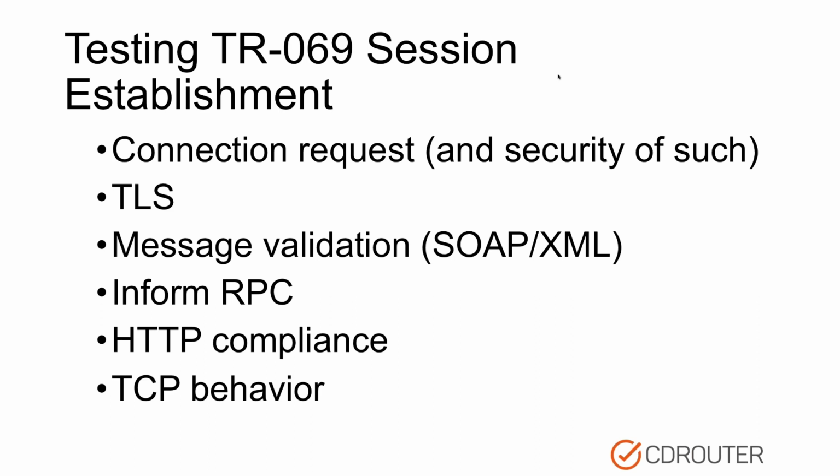So you want to test the functionality of connection requests. We tend to turn off other types of messages like periodic informs during our testing to make sure that it doesn't interfere, and we use the connection request in order to control that the CPE will talk to the simulated ACS when we want it to.